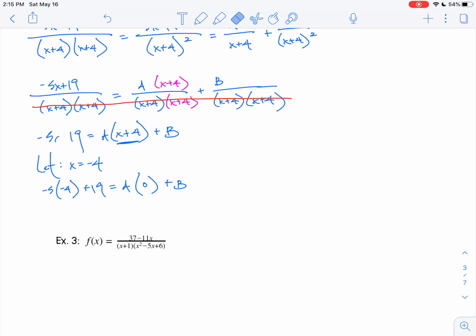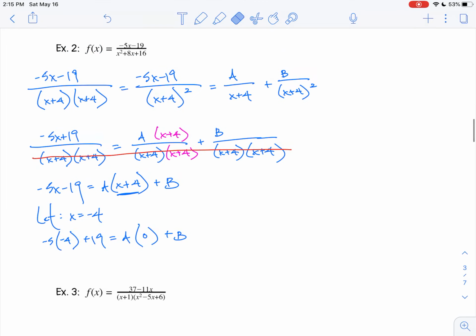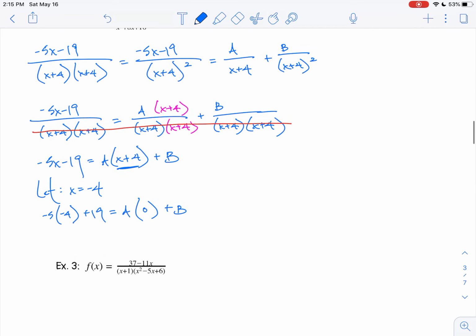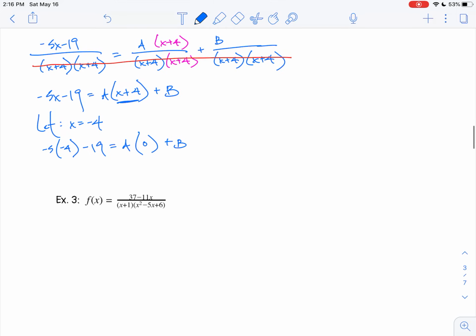That's a minus 19, and whoop, this plus sign needs to be a minus. All right, so now I have 20 minus 19, which is 1, and that gives me my b.